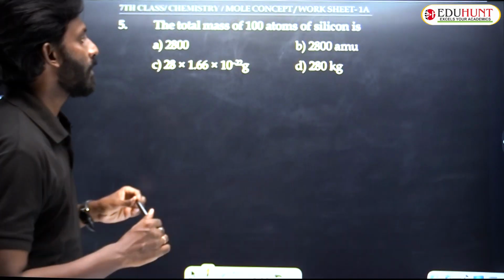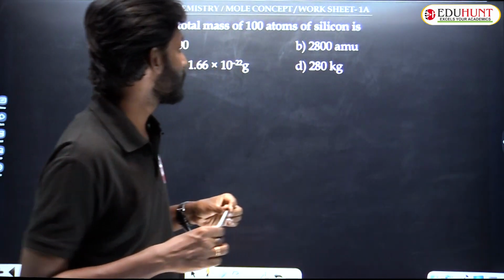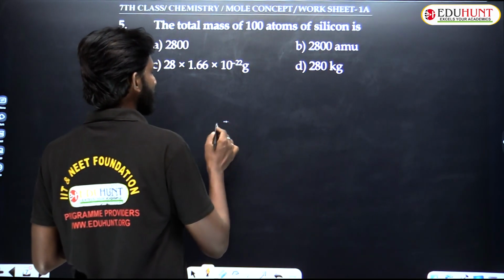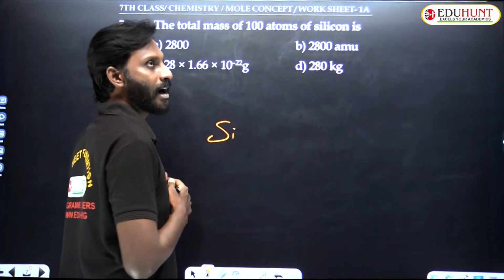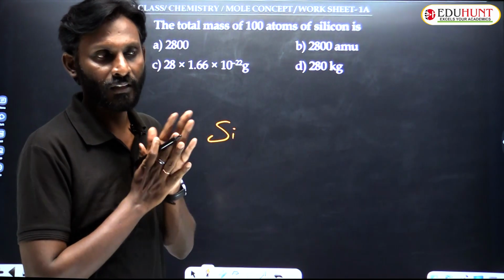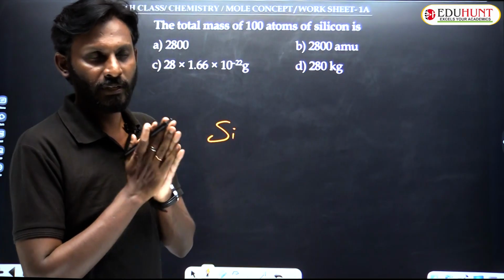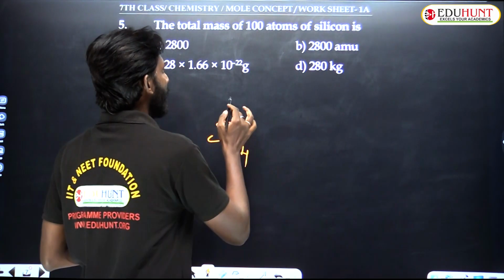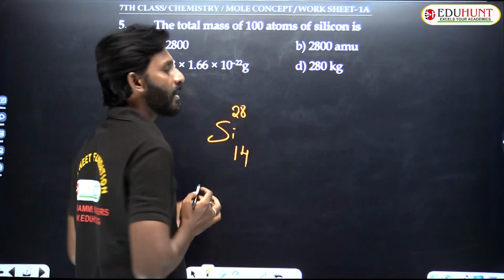Next, the mass of 100 atoms of silicon. Let's take silicon first of all. Silicon, after aluminum, 13, 14 is the atomic number, and 28 is the mass number.